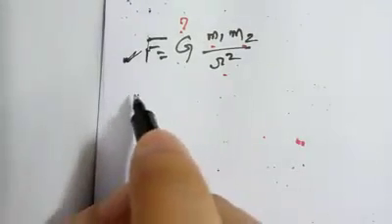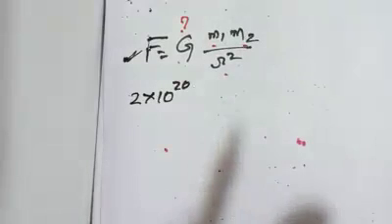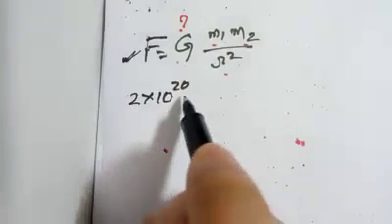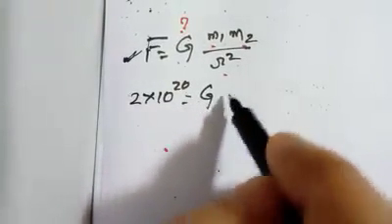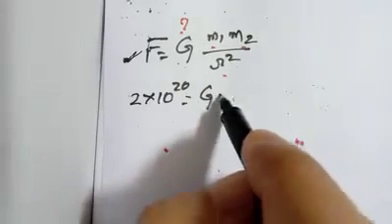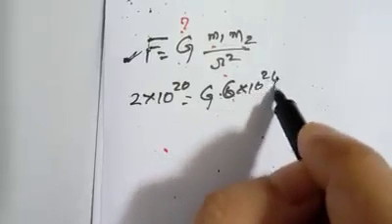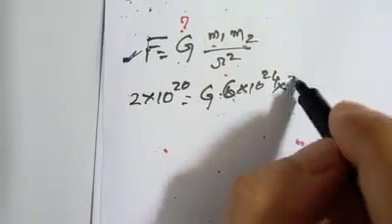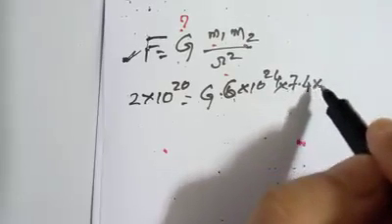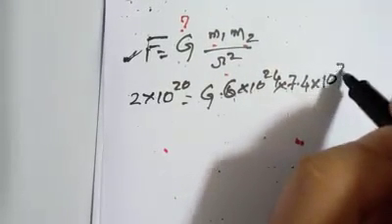So I can write 2 into 10 to the power 20, again omitting the values right at this moment, equals G, which we want to calculate, times 5.97, which I have already shown. It can be written as 6 into 10 to the power 24 multiplied by 7.4 into 10 to the power 22.